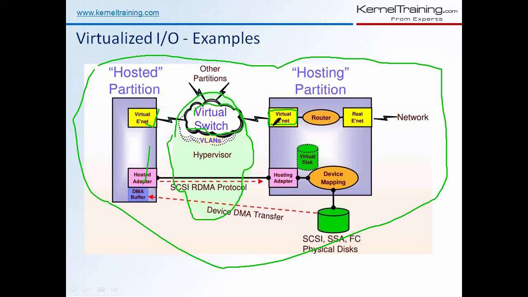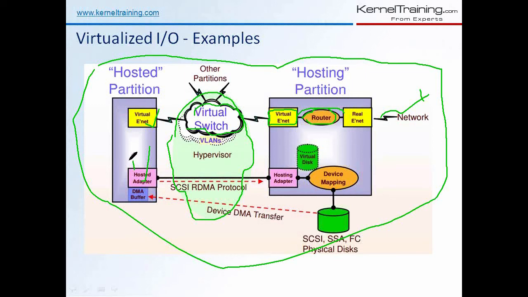Right? And this is the SEA bridge. Through the SEA bridge, that packet will go through the real physical adapter. Here is how I am mapping the disk: I am taking the disk from the virtual IO server and mapping it to my virtual IO card.